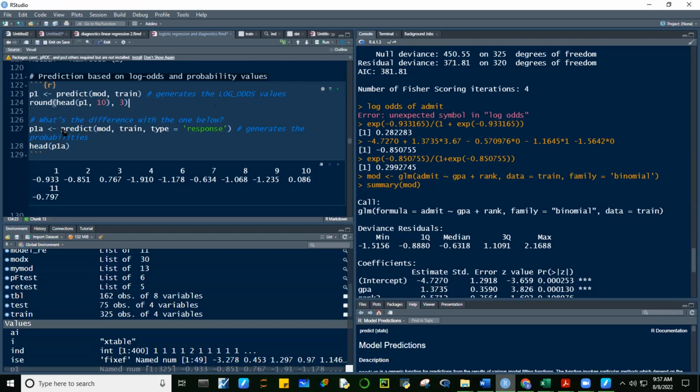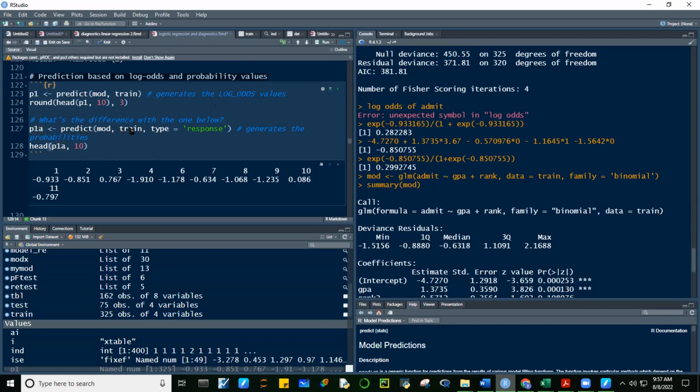Okay? Now take a look at this. We now have P1A. Let's use the same predict, mod, train, and type is equal to response. And then, sige, let's generate also yung first 10. Okay. So here, ang create natin P1A.